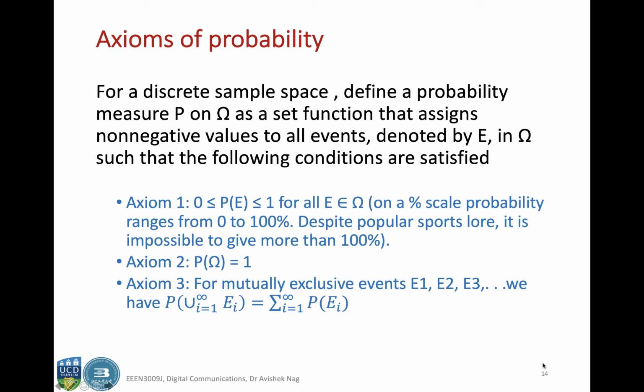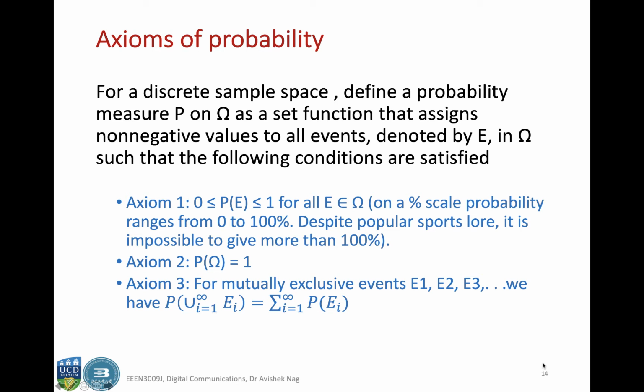So the event E can be the entire sample space. In that case, we have the uppermost boundary, which is 1. The event E can be an impossible event. In that case, the lowermost boundary of 0 will occur as the probability of that event.